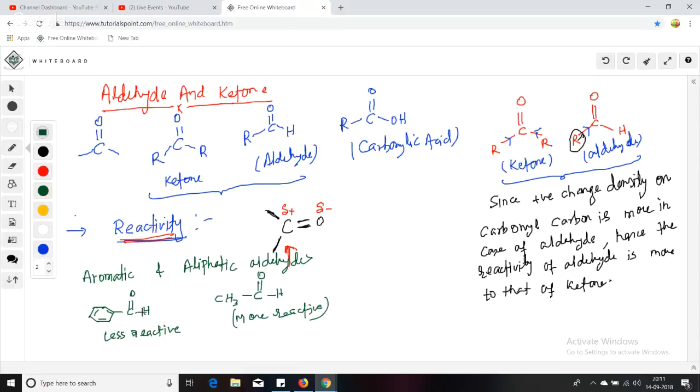Because of resonance. You see, this can form the resonating structure over here. Because of this delocalization of electron, the positive charge density on this carbon atom decreases. That's why its reactivity decreases. We have taken the example of aldehyde, but this is true for ketone also.